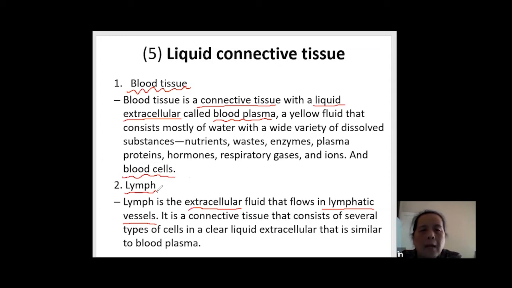Lymph mainly has liquid and also some protein. Some blood cells, but not red blood cells, like some lymph cells, will go into lymph circulation also. But generally speaking, both blood and lymph belong to liquid connective tissue.